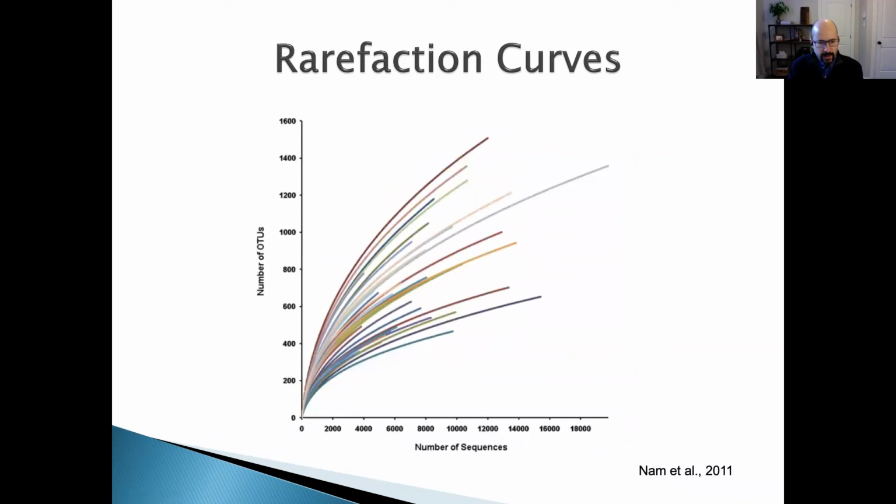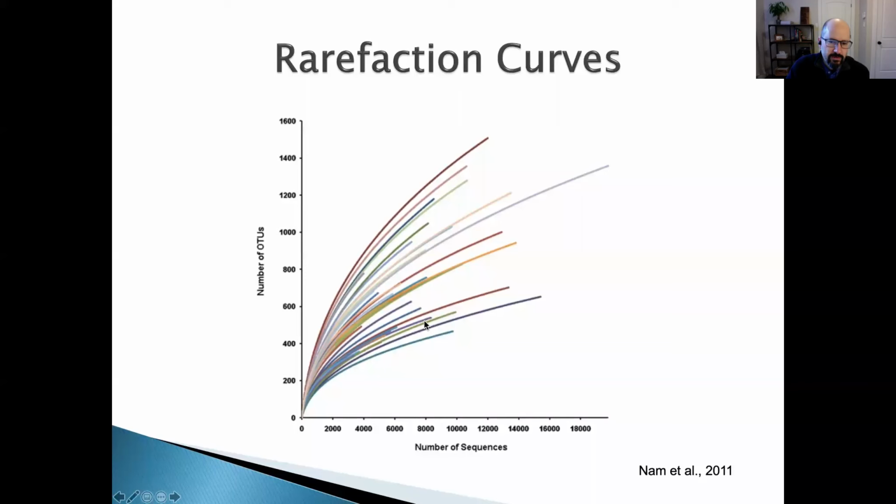Okay? Now, this one is just an example to show you that, in this study, I cannot even remember what they were evaluating, but you can see that for this number of sequences, those curves are still going up. So they are very steep, and therefore, if they carry on sampling more and more, they would find many more different OTUs there.